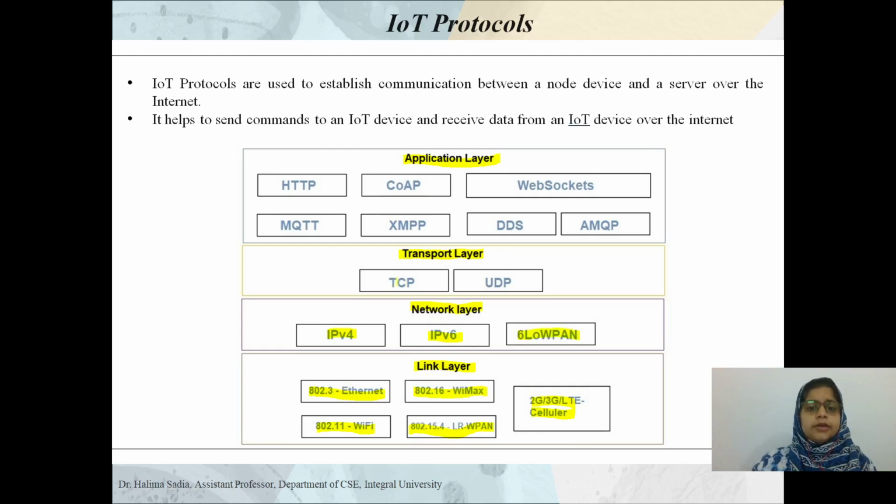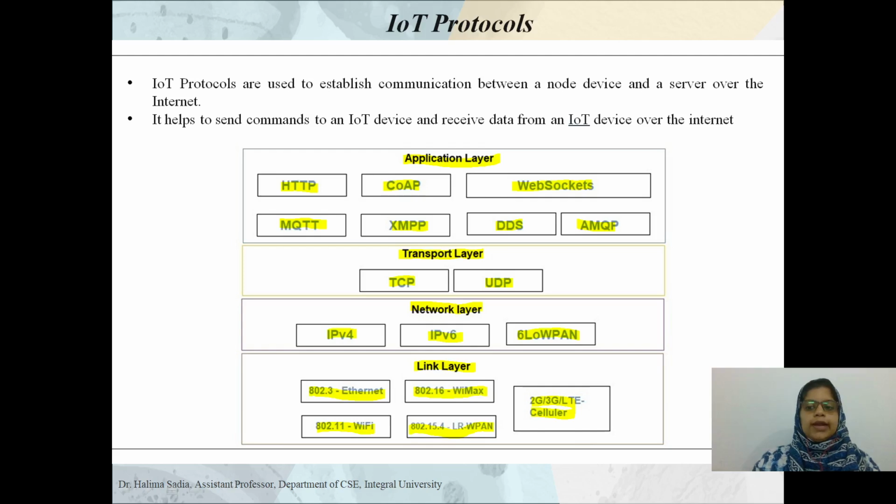Then we have TCP and UDP protocols in the transport layer. In the application layer, we have a set of protocols that provide functionality at the application level. The first and foremost is HTTP, then we have CoAP, WebSockets, MQTT, XMPP, DDS, and AMQP.